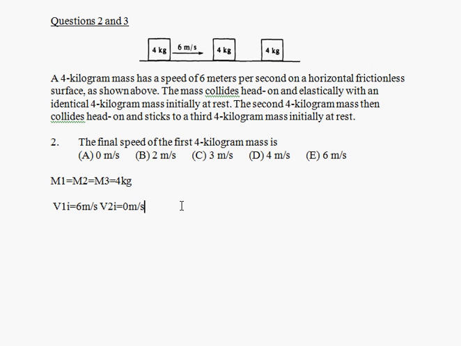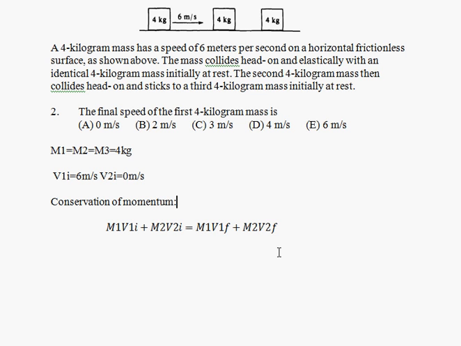So I'm going to do conservation of momentum and conservation of energy. So conservation of momentum, here's the formula, you all know. I'm not going to read that. You just replace m1 with 4, v1 initial with 6, and that's it. We can factor out the 4s.